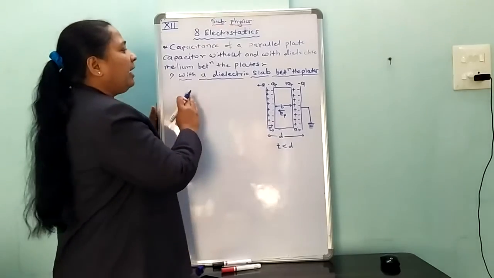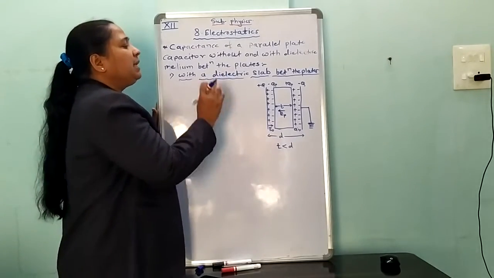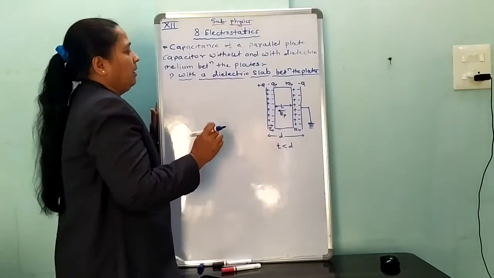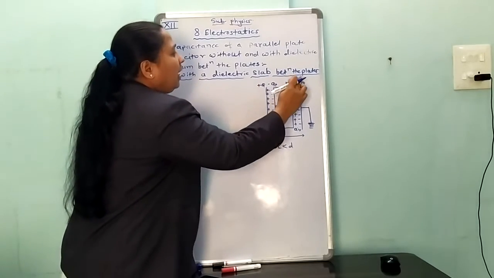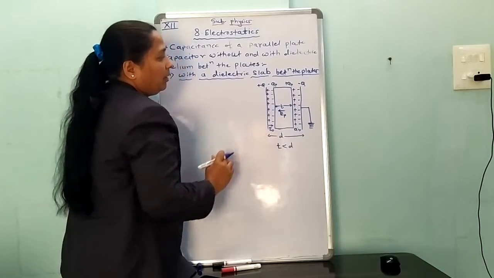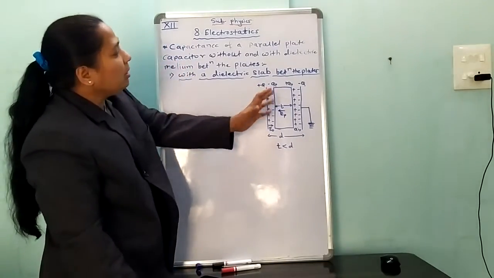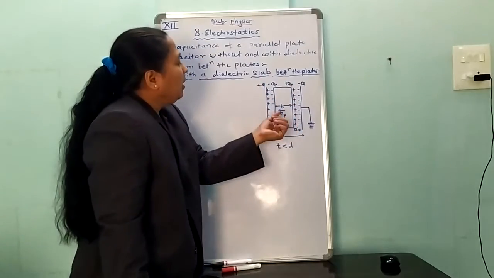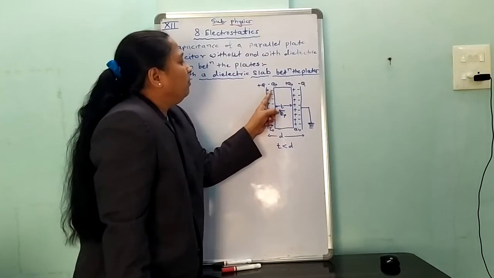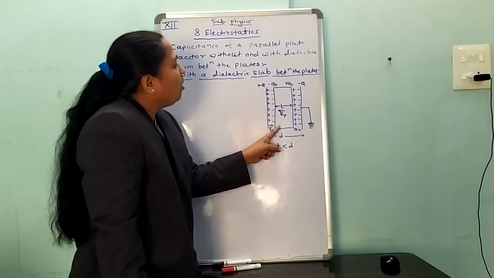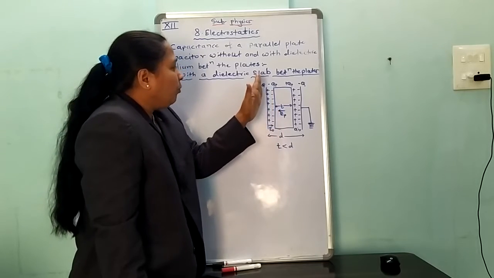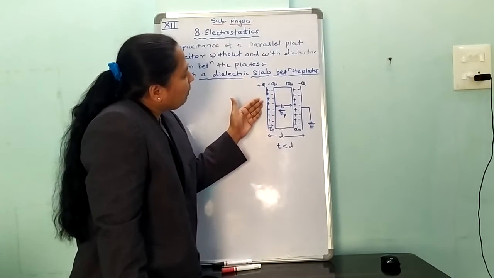With a dielectric slab of thickness T between the two plates, the net potential is due to the polarization of the dielectric medium, where negative charge is formed on the side neighboring the positive plate of the capacitor.